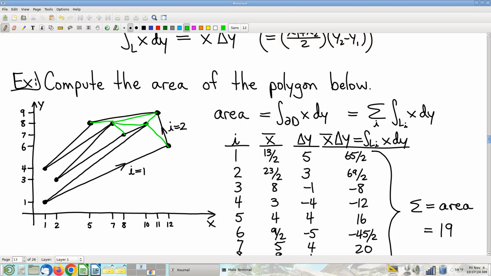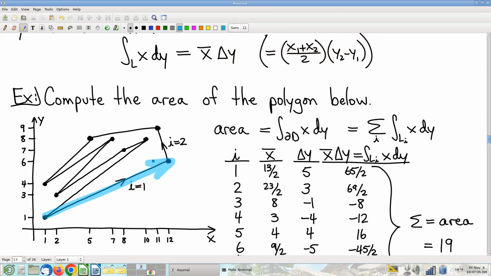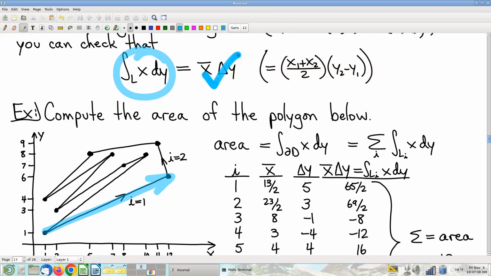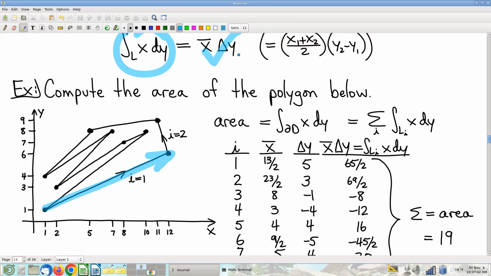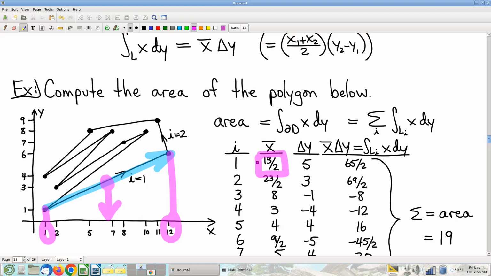Okay, so instead, I'm just going to say, well, I'm going to compute an integral around the perimeter. Let's look at this first edge here. That's a line segment. On line segments, if you want to compute a line integral, boom, average value of x times change in y. All right, well, on this line segment, x started at 1 and ended at 12. That averages then, right, if you look at the middle point there, that averages to 6.5.